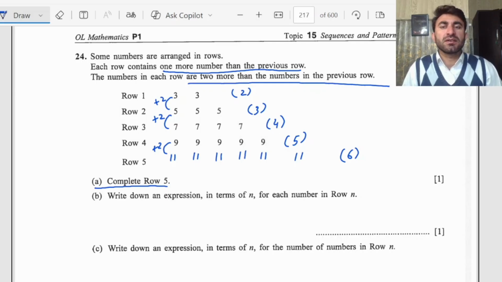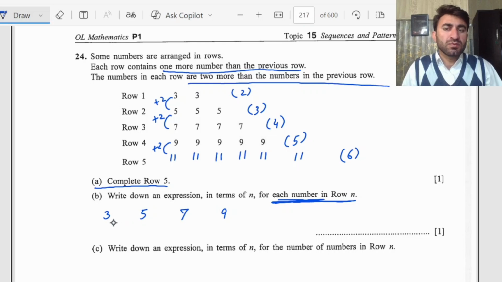Then it said write down an expression in terms of n for each number in row n. We see the number in row 1 was 3, in row 2 was 5, in row 3 was 7, and in row 4 was 9.